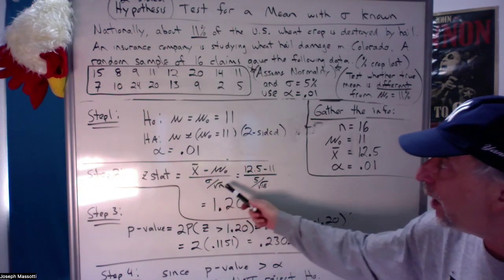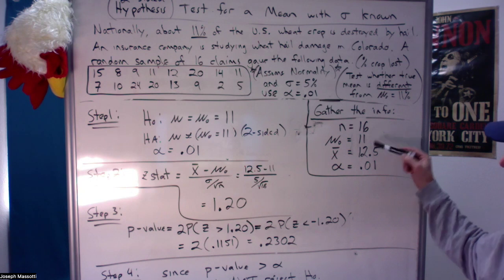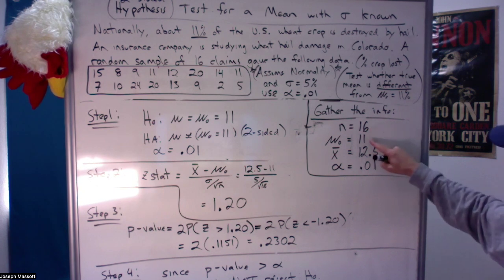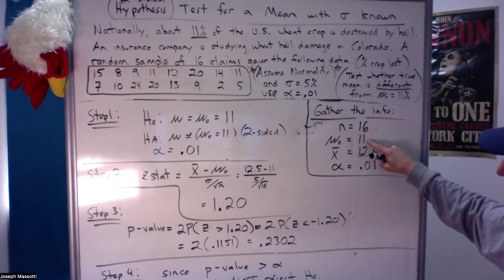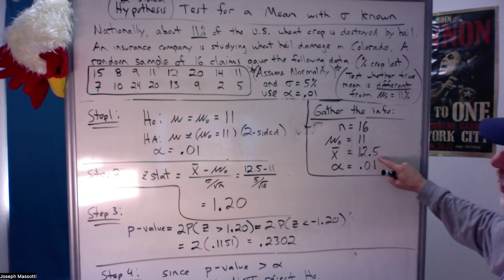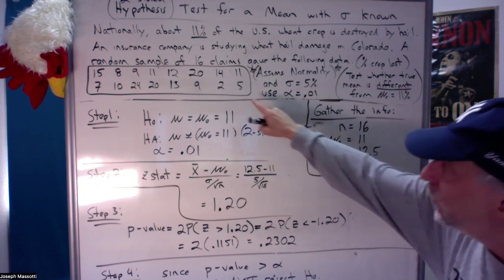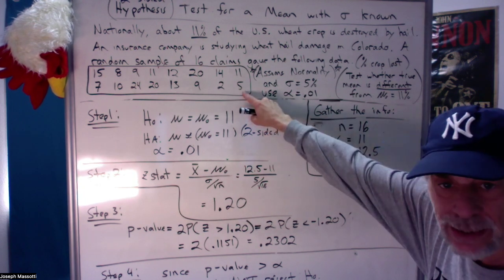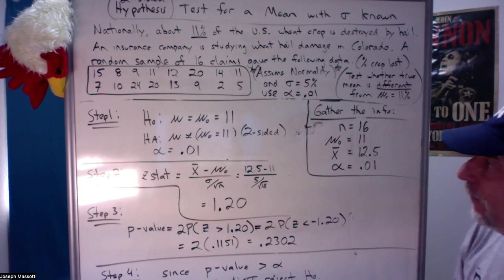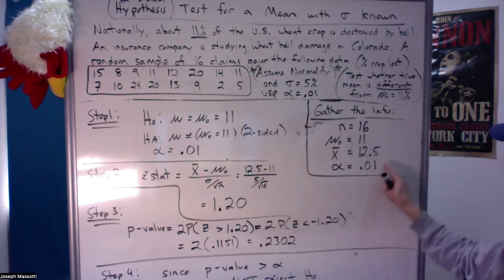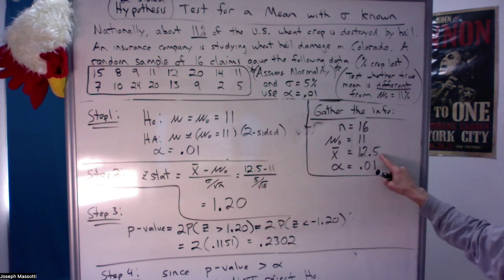We have all those values from our gathering of the info. 16 is the sample size. Hypothesized mean is 11%. Our sample mean, we got to get the sample mean. That's very important. We took the mean of these 16 values. If you put these values into your calculator and divide by 16, you're going to see that the average is 12.5.